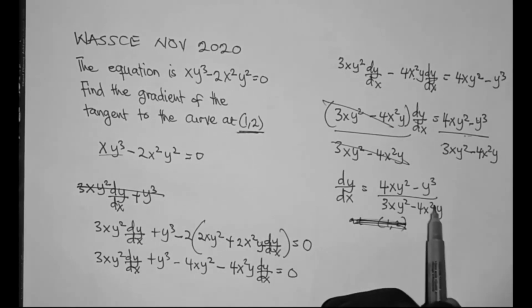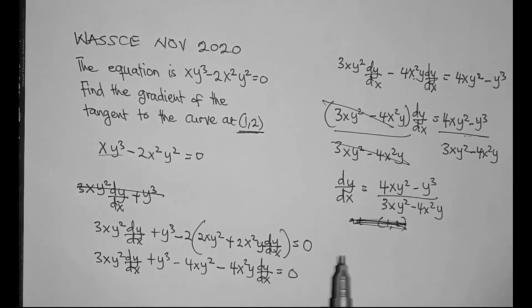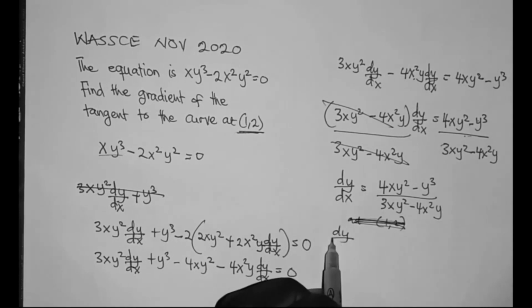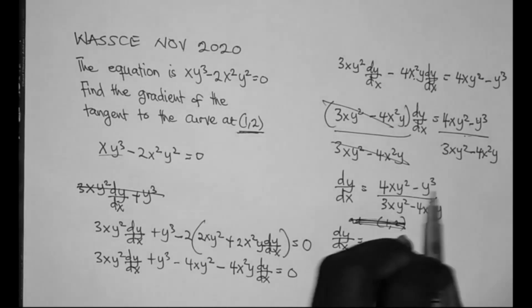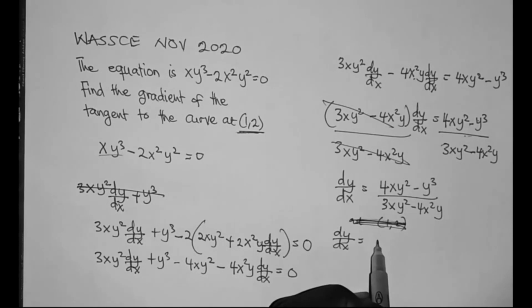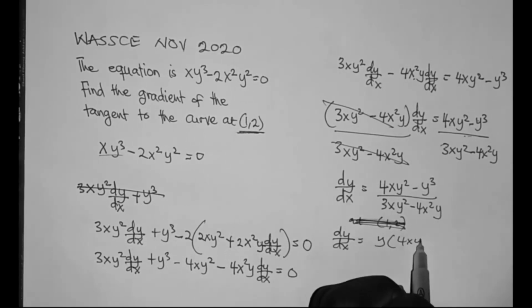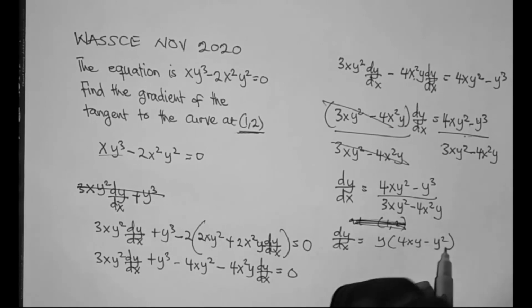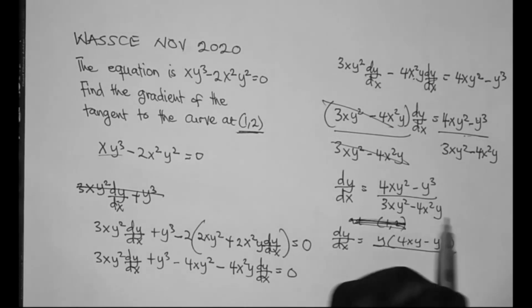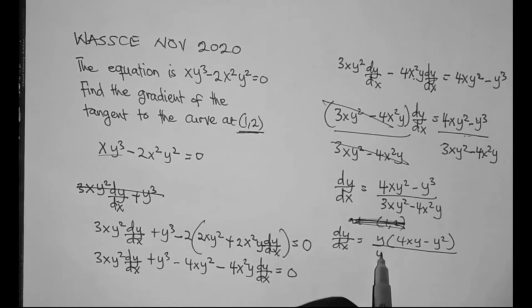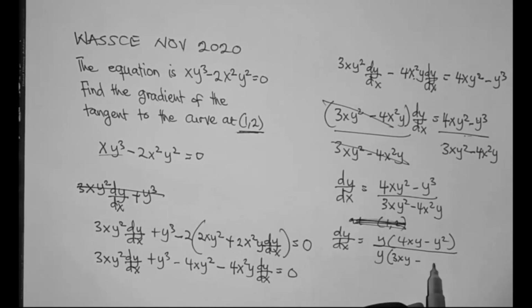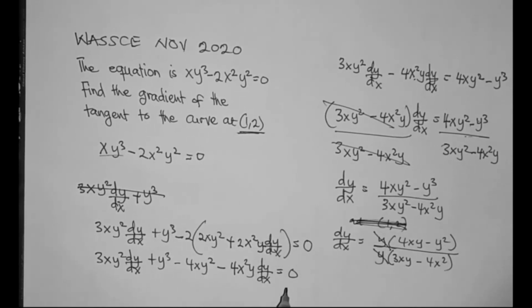So let's further simplify. You can factorize y out of the equation, so that dy/dx is equal to, if you factorize y out of the numerator, you get y times (4xy minus y^2), divided by, if you factorize y out of the denominator, you get y times (3xy minus 4x^2), so that this y and this y can cancel.